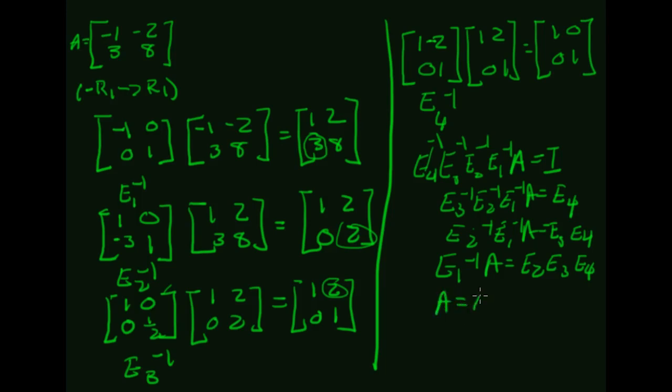I get A is E1, E2, E3, E4, and voila! A is the product of 4 invertible elementary matrices.